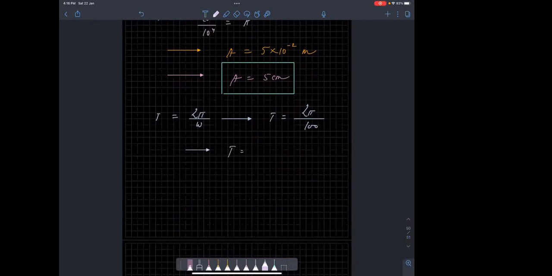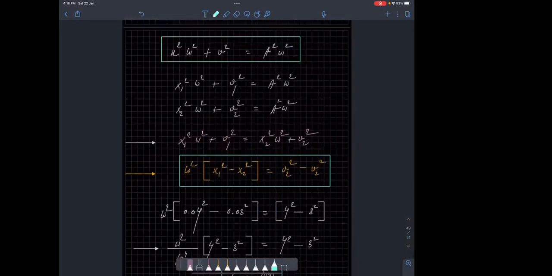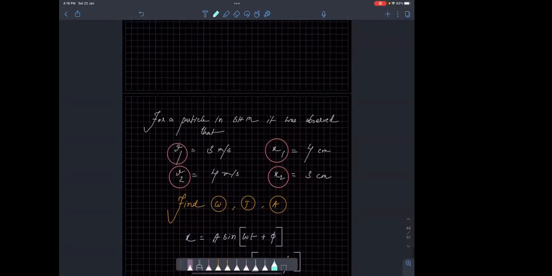Pi by 50. Pi by 50 seconds. Okay. So you go through this problem multiple times because this is a very commonly asked question in the exam. Clear?